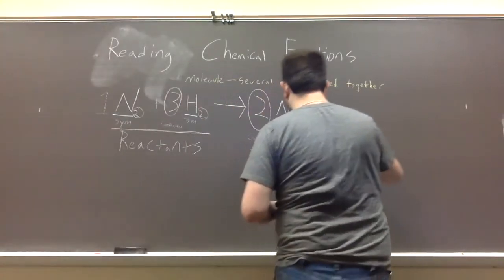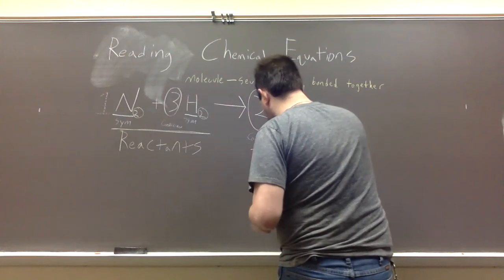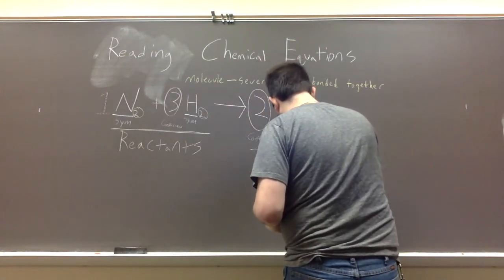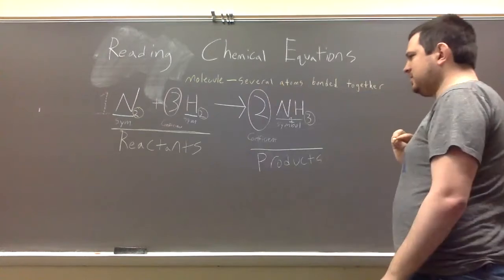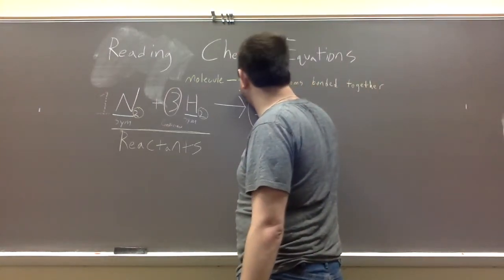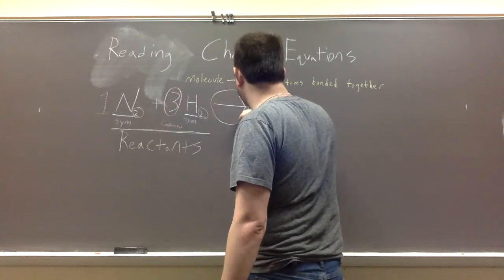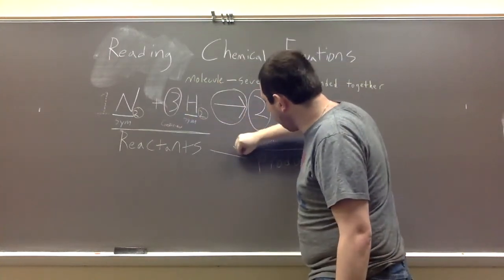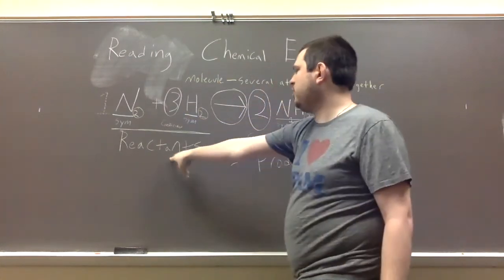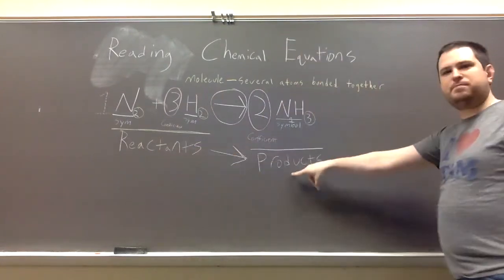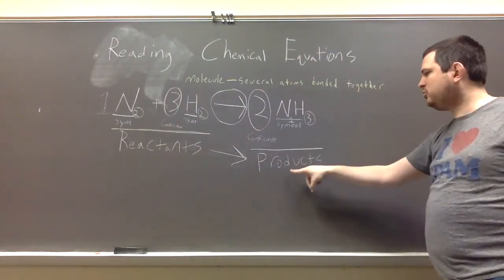And this entire side is called the products side. The main thing that you can tell of which side is which is what way the arrow is pointing. The arrow will always point from reactants, what is reacting, to the products, what is produced.